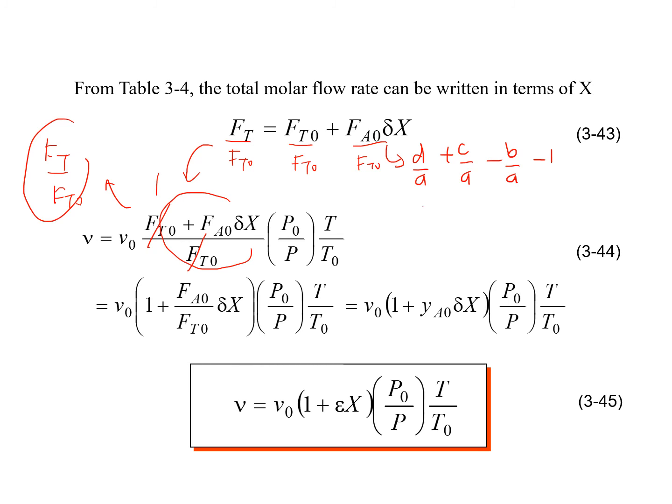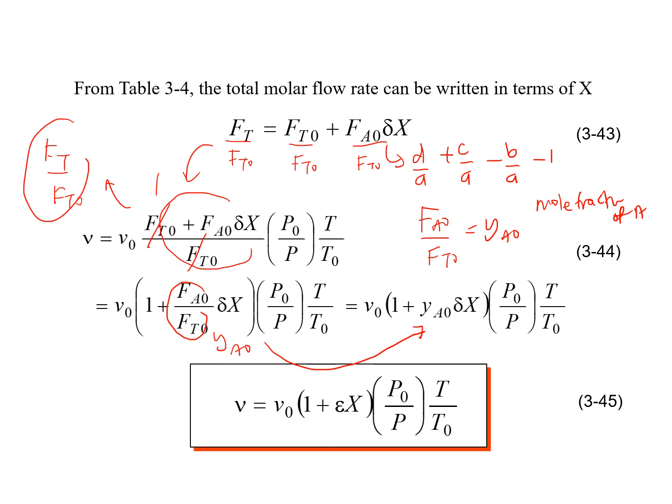Remember F_A0 over F_T0 is equal to y_A0, which is the mole fraction of A. So here you just replace it with y_A0, and it becomes like this.